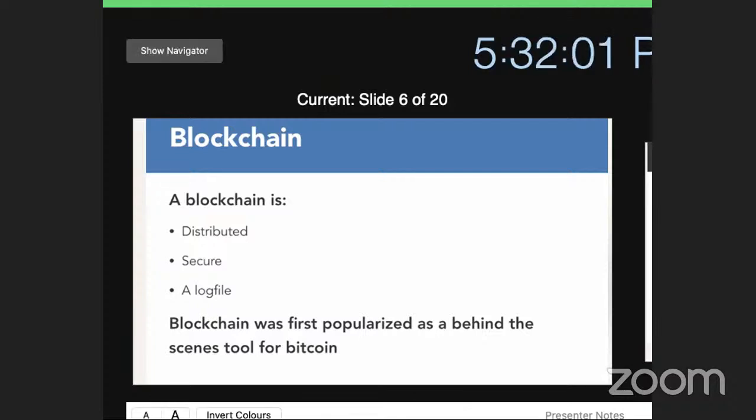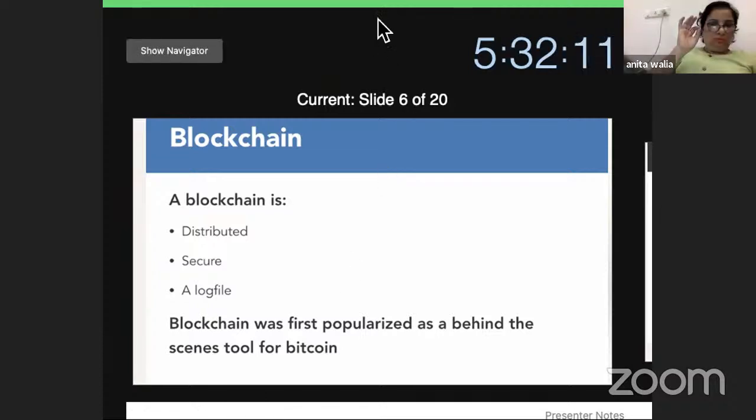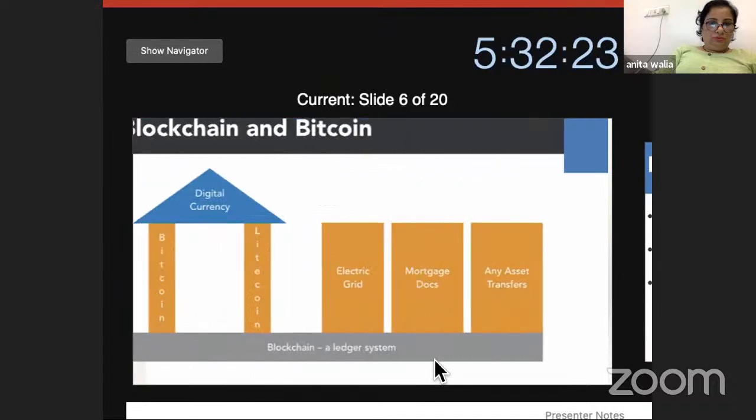So hence the name: the database stores digital information in blocks. Why is it called blockchain? Understand, the database stores digital information in blocks and in chronological order. Once a block is full, for example, I can show you, just a minute.